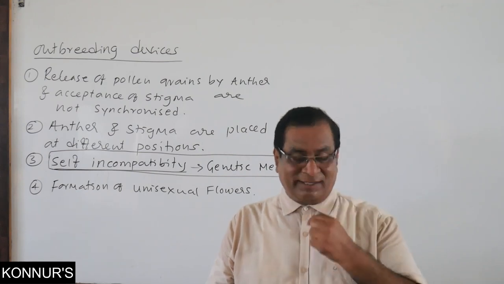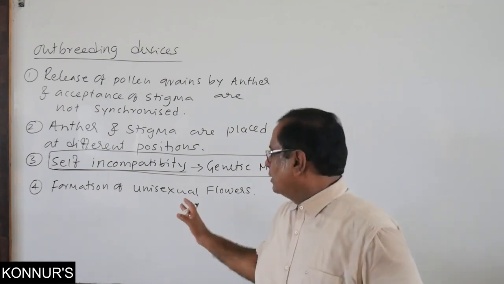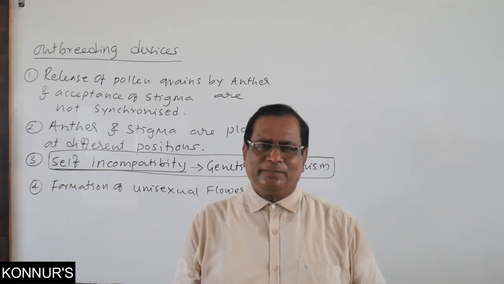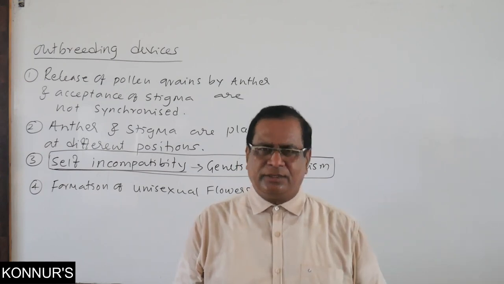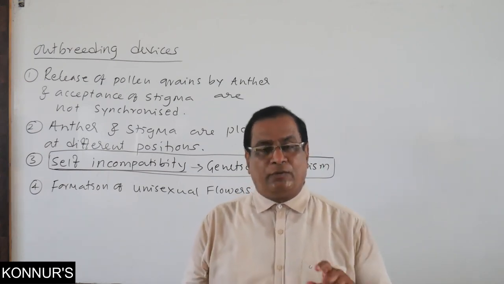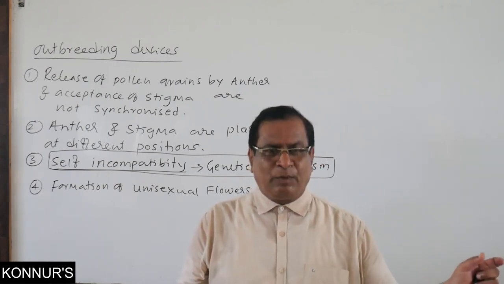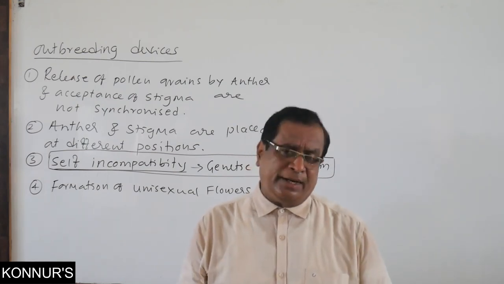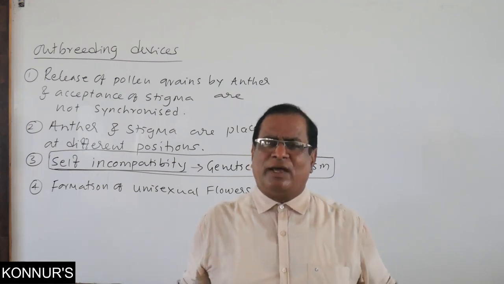And that is cross-pollination only, outbreeding only. And a male flower may be on one plant and a female flower on another plant of the same species. When pollination takes place, it is also outbreeding only. Presence of unisexual flowers.